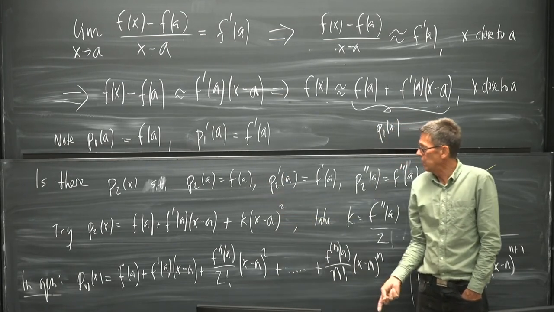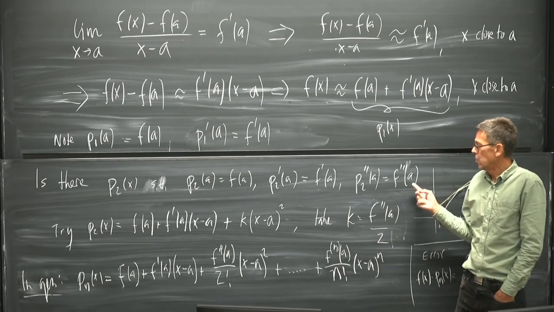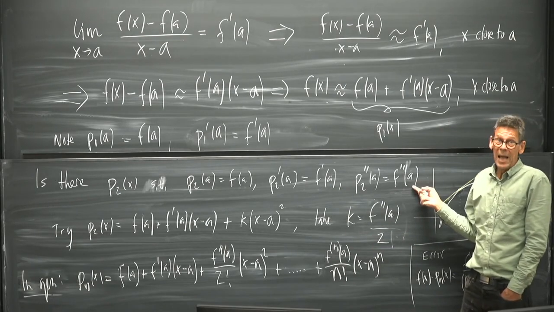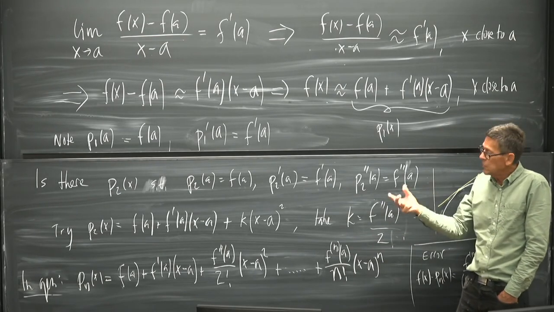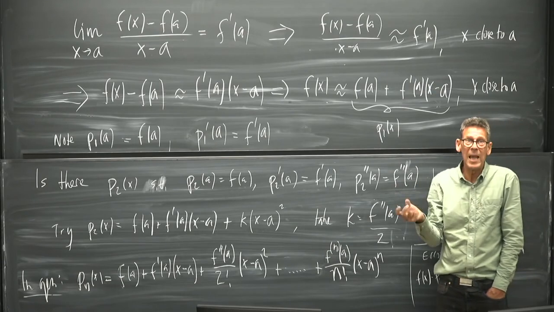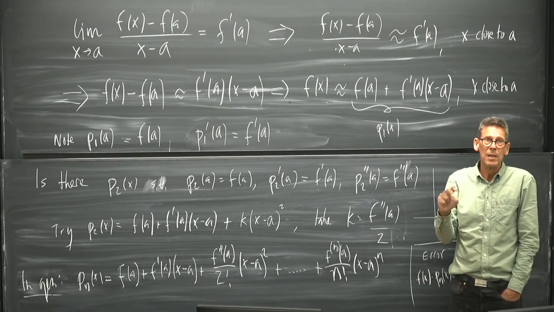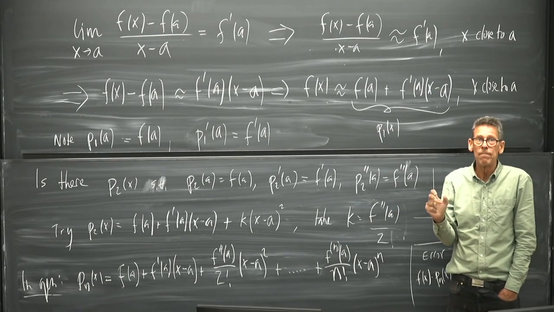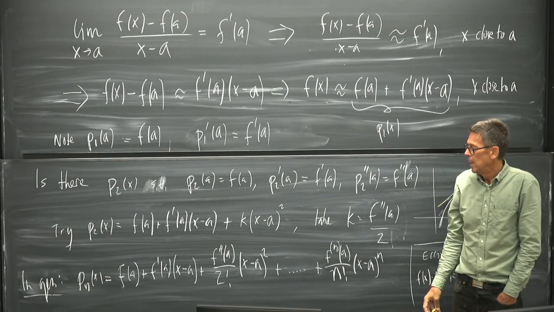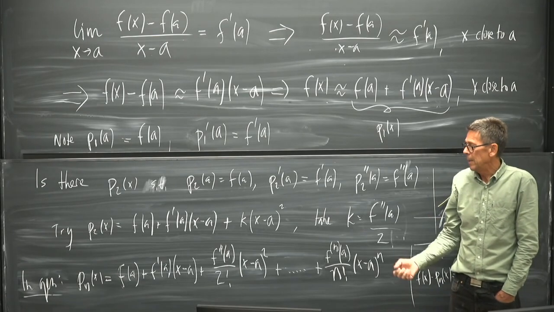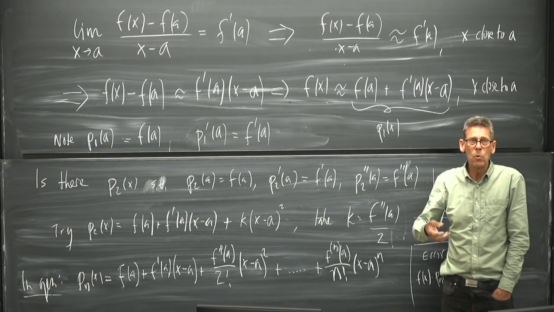Correct function value, correct derivative, correct second derivative at a. And we can use that polynomial to approximate f at points close to a. And as you know, greed has no limits.